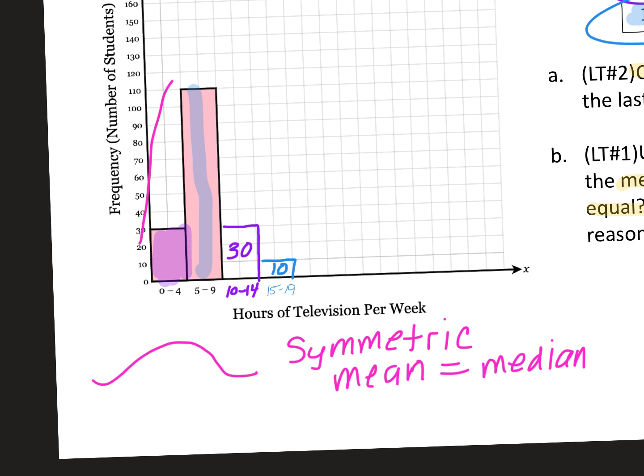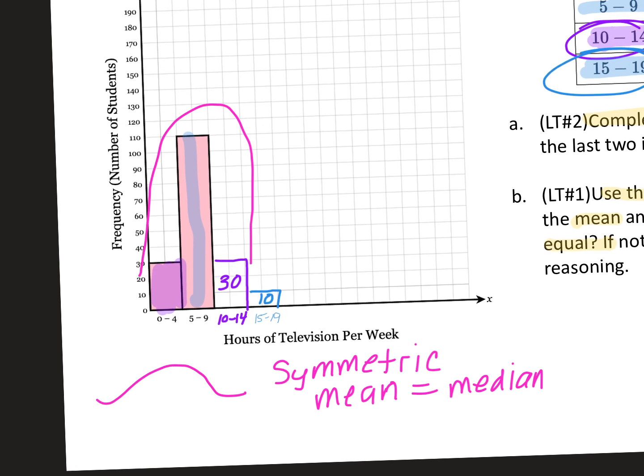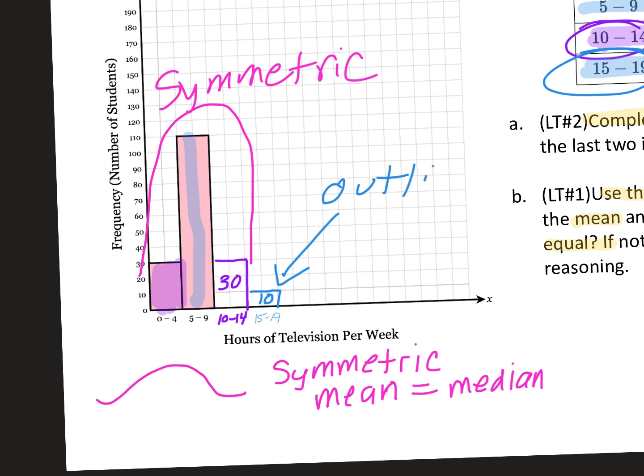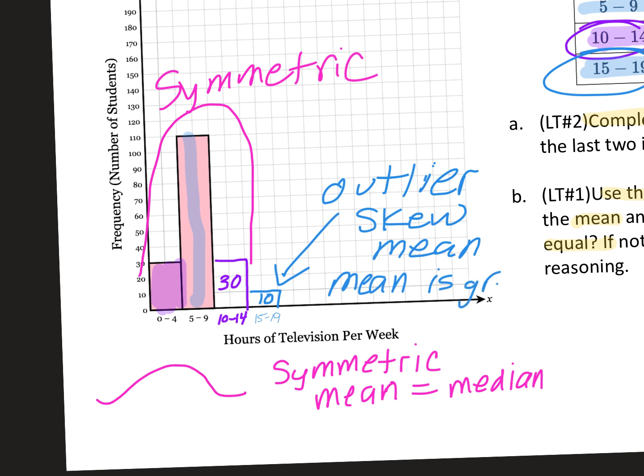So this part of the box plot is symmetric, but this little part right here is a set of outliers. And those outliers are going to skew the mean, so that the mean is greater than the median.